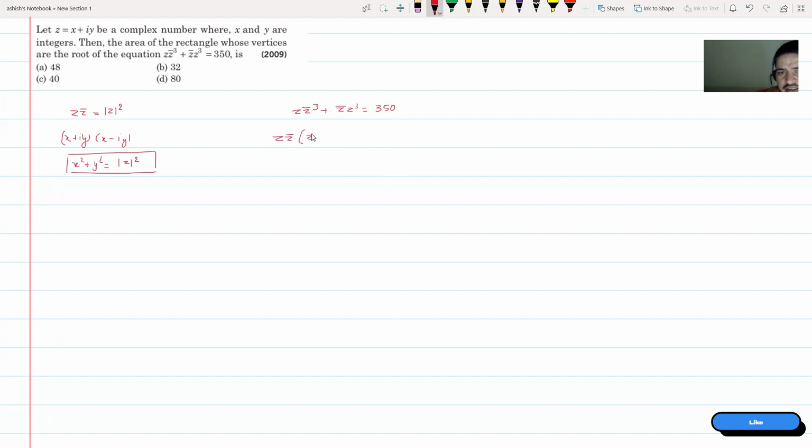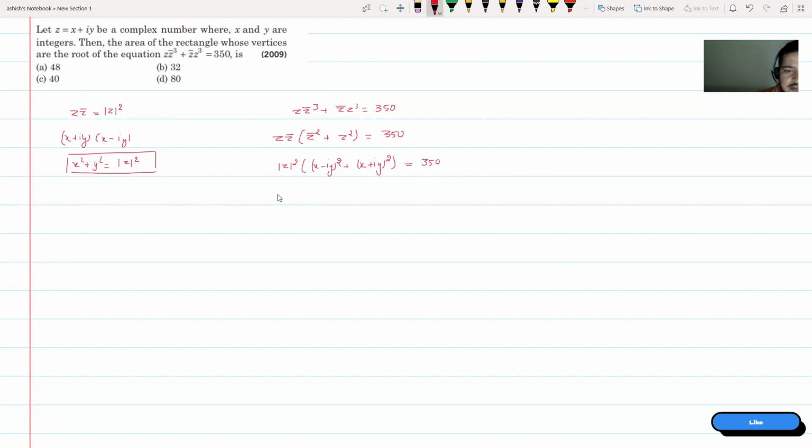And here you will get z bar times z bar whole square plus z whole square, that is equal to 350. Now, z bar, as I already told you, can be written as mod z square. Now, z square we can write as x minus iy to the whole square plus x plus iy to the whole square, and that equals 350.